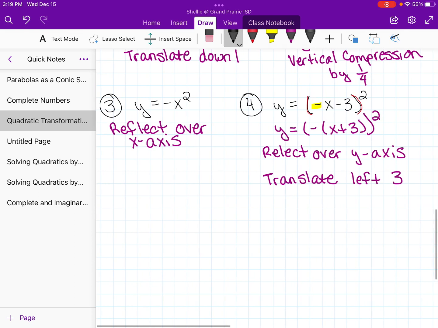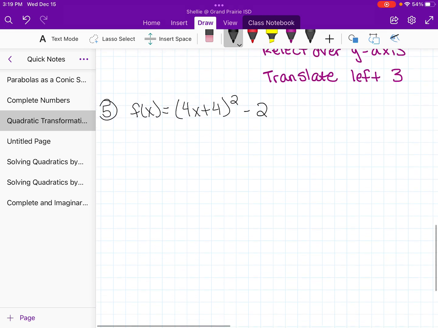So number 5, we have f of x equals 4x plus 4 quantity squared minus 2. Let's take a minute to think about what transformations you see here. Some are really obvious, some may not be.